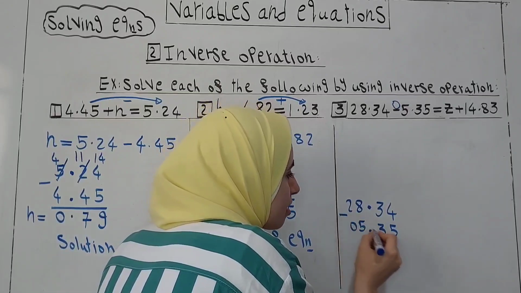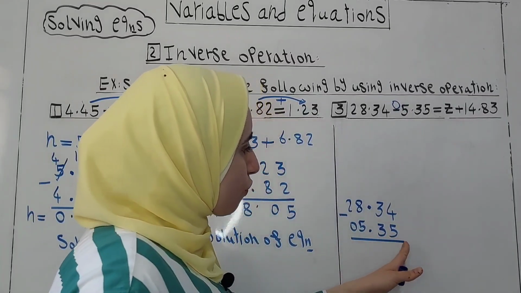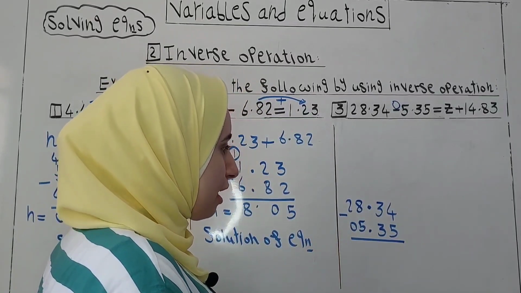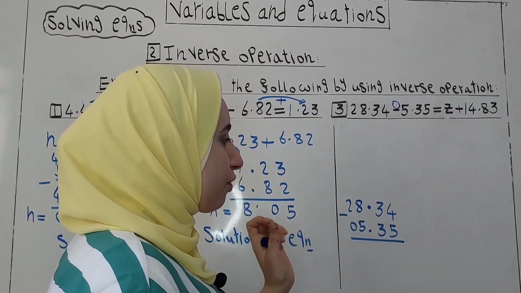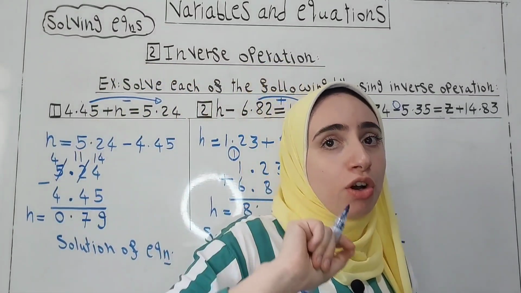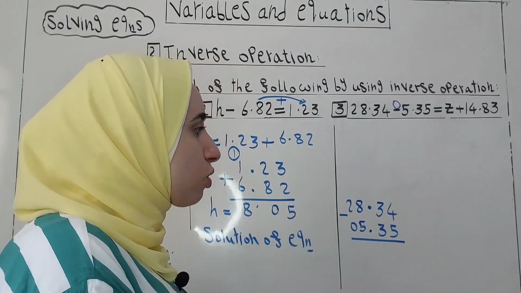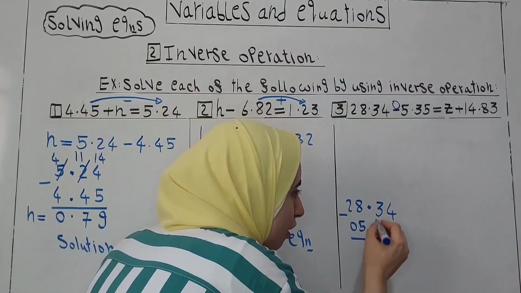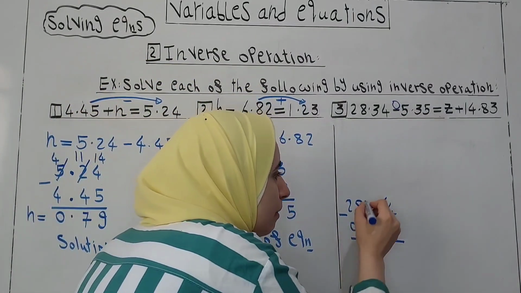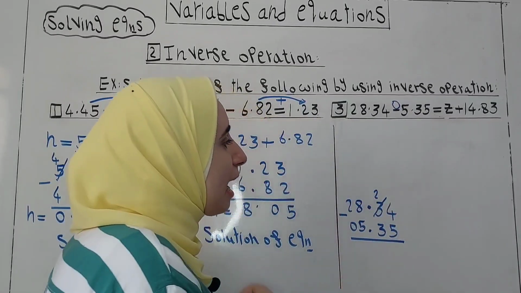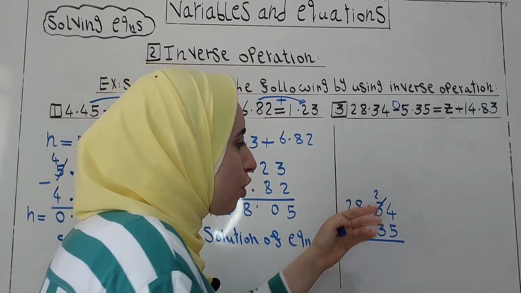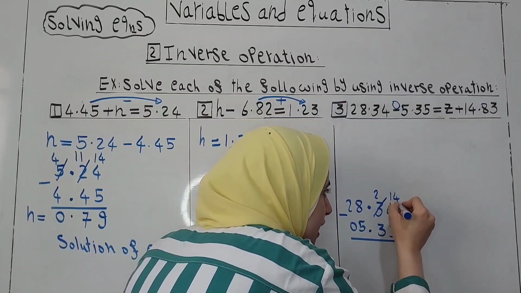We need to get the difference. We start from the right and go to the left. Now 4 minus 5. Can you take away 5 from 4? No, it doesn't work. So we borrow 1 from the digit 3. It will be 2. And add 10 to the digit 4. It will be 14.